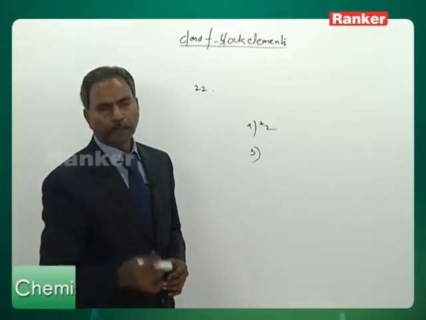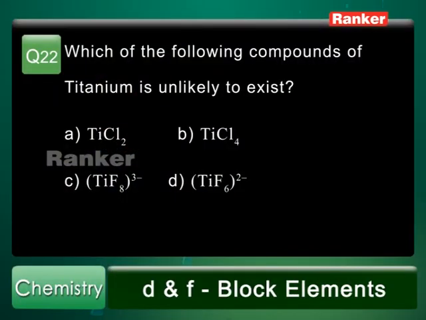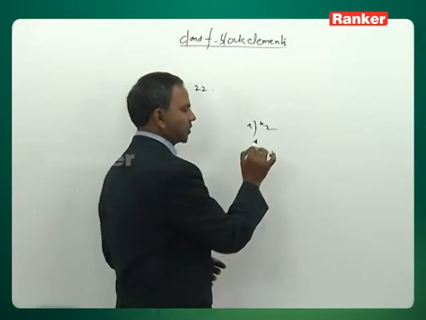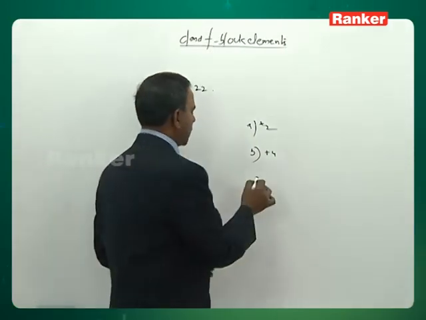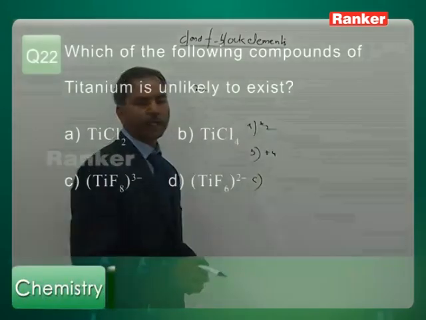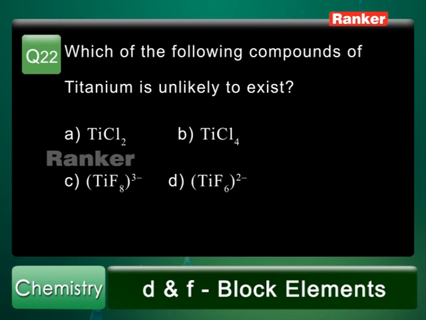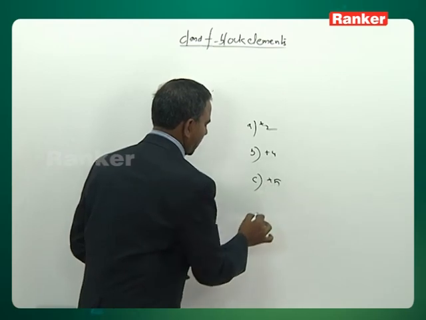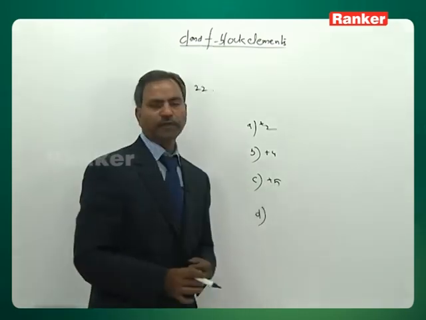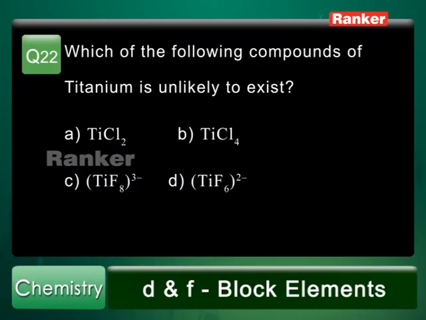Coming to option B, TiCl4 is given. Yes, plus 4, existing. Coming to option C, it is TiF8 minus 3. Inside the bracket you see 8 negative charges, with minus 3 overall. Therefore, titanium comes to be plus 5 oxidation number. And again, option D: TiF6 minus 2.